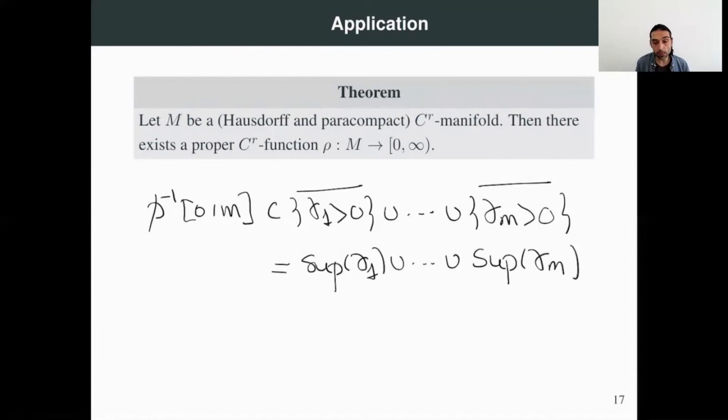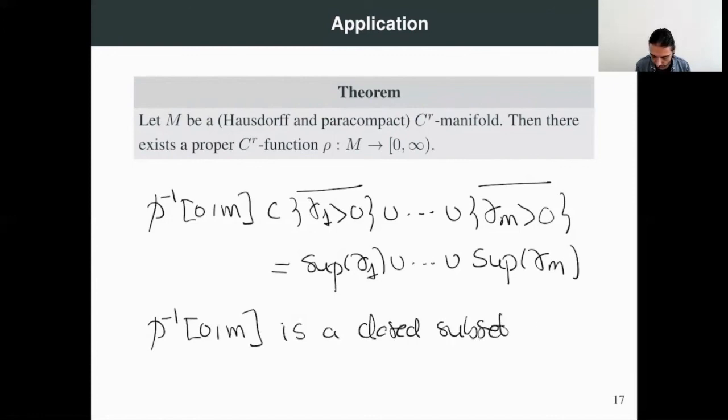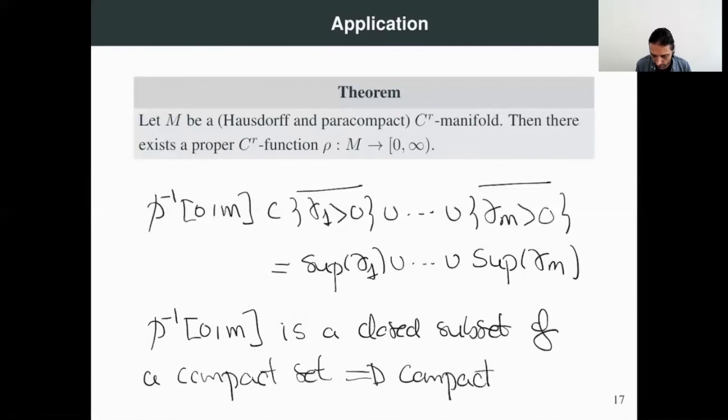But all of these supports are actually compact. So the preimage of the closed interval [0, m] is a closed subset of a compact set, and then it is compact. And this happens for every natural number. And so our C^r function is indeed proper.